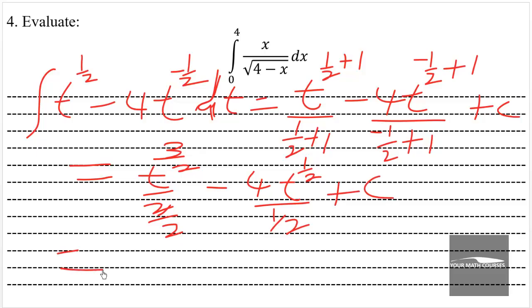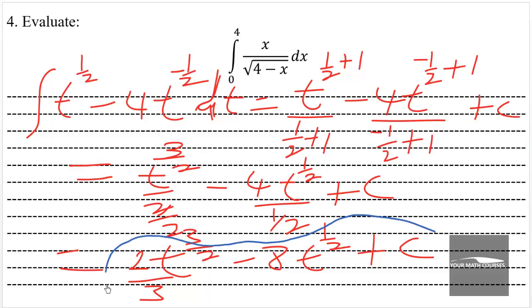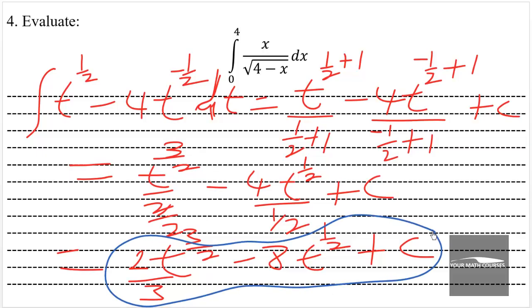And this will simplify to t exponent 3 over 2 over 3 over 2 will be 2t over 3, and negative 4 over half will be minus 8 t exponent half plus c. So that is the integral here that we just got.